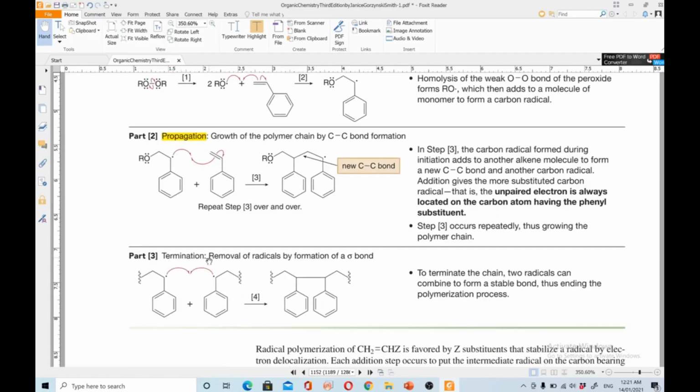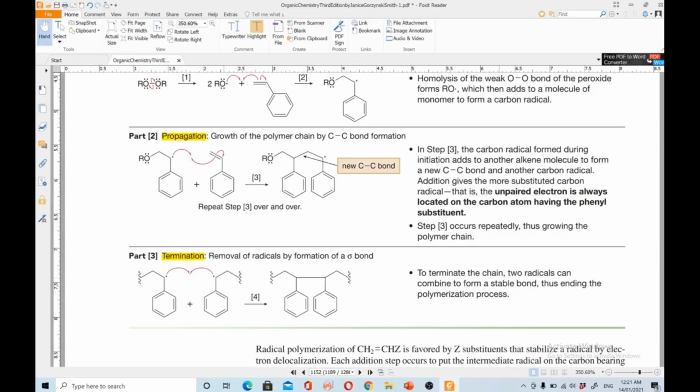Part 3, termination. Removal of radicals by formation of a sigma bond. So our third step in the mechanism is termination. In this step radicals are removed by formation of a sigma bond. So two radicals combine to give you this sigma bond.